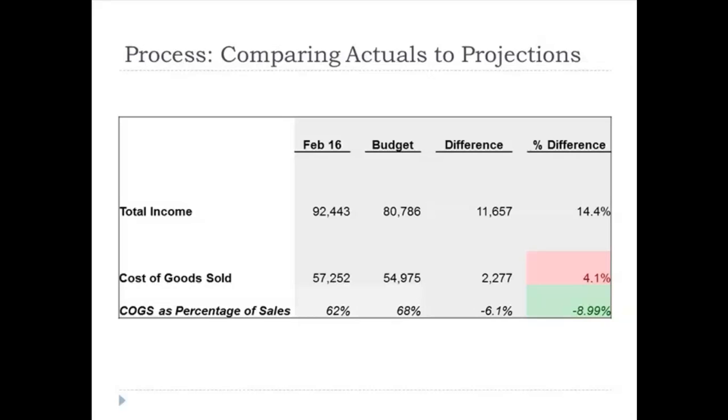But because their sales were also over projections, it's hard to really compare if they're actually over budget or under budget. So by looking at the cost of goods sold as a percentage, we can see, in fact, they did better than projections. They had projected a 68% cost of goods sold, when in fact they did 62%. And you can see in the percent difference column that the green shows that it's good, and the red shows not good, but the not good over budget is deceptive.